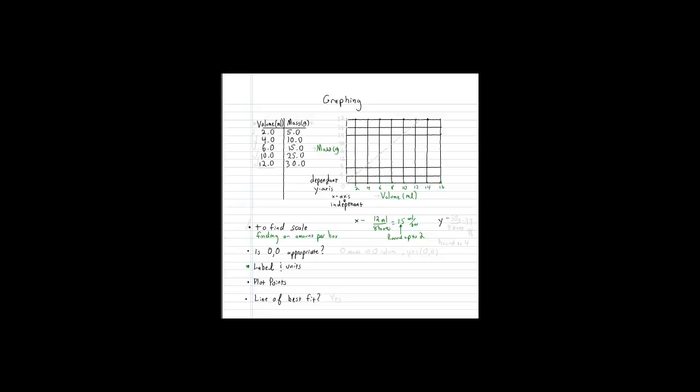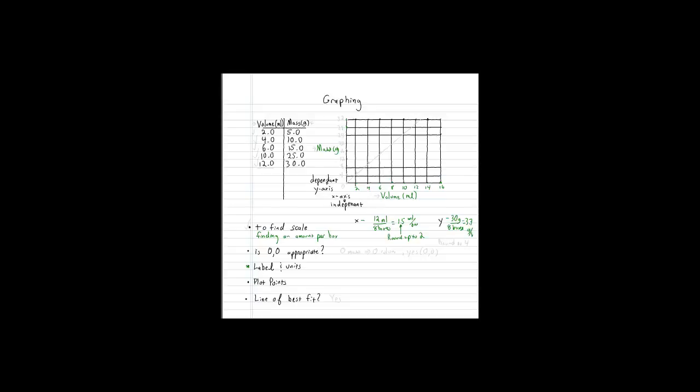Now let's do it for our y-axis. Now, we have 30 grams as our largest data point. And we also have 1, 2, 3, 4, 5, 6, 7, 8 boxes. And that we get 3.75 grams per box.